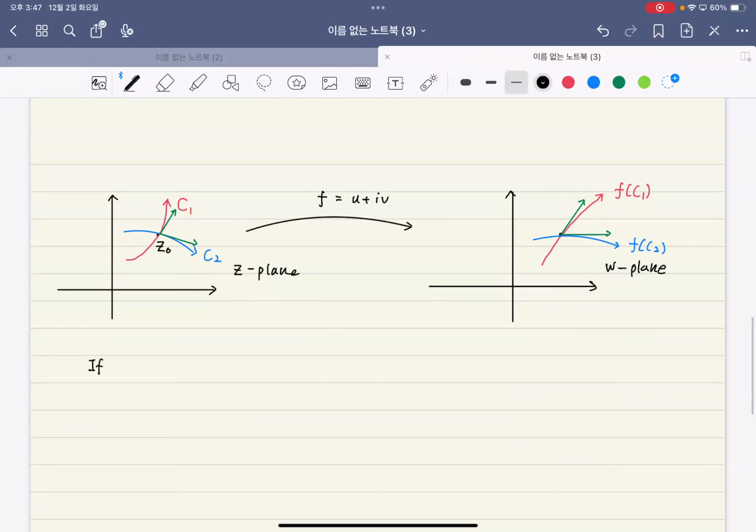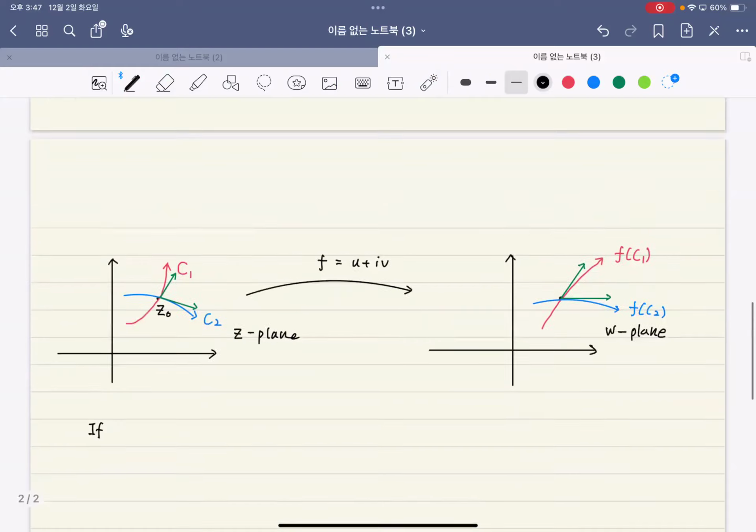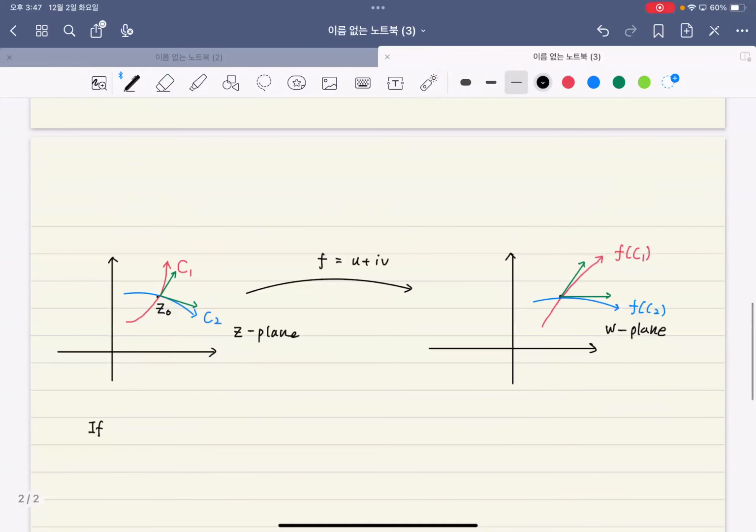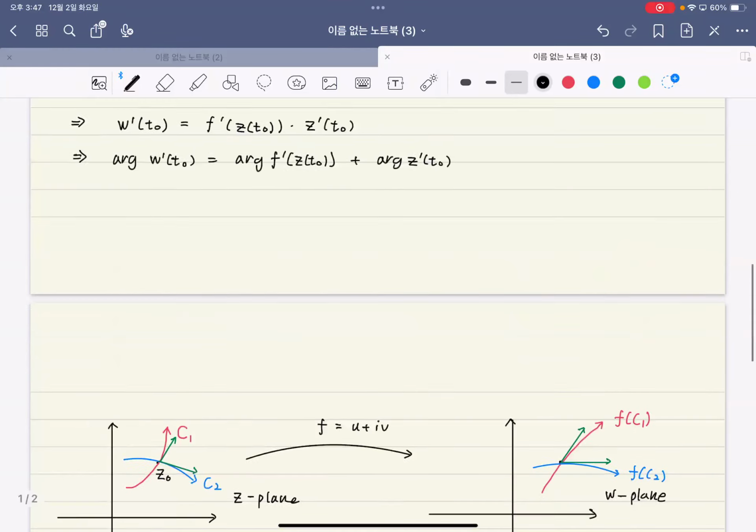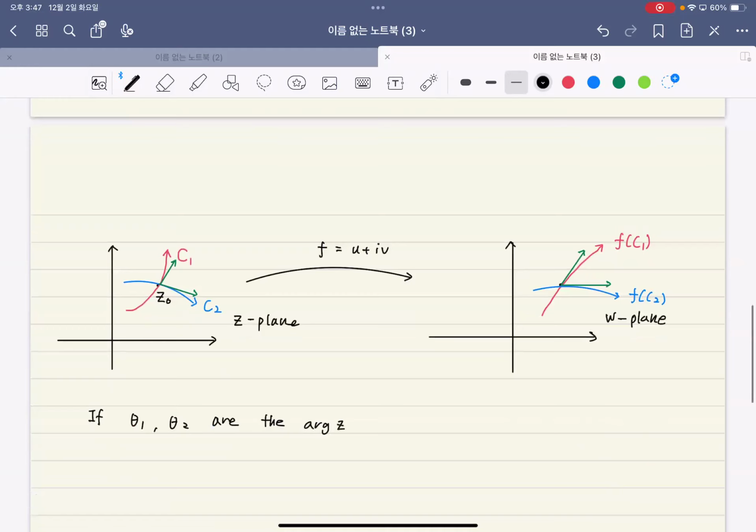So if theta 1 and theta 2 are the argument of z1 prime of t0 and z2 prime of t0. Here z1 is a parametrization of this red curve in the z-plane, and z2 is a parametrization of this blue curve in this z-plane.